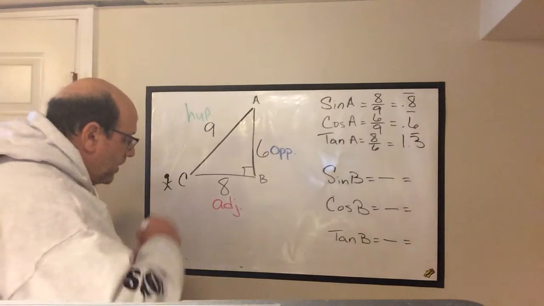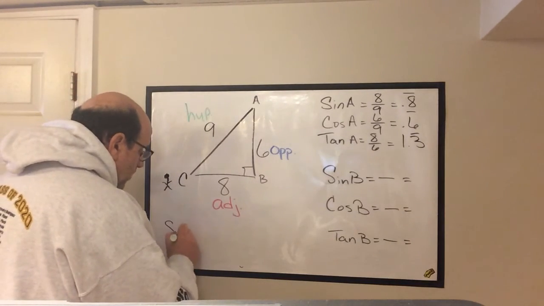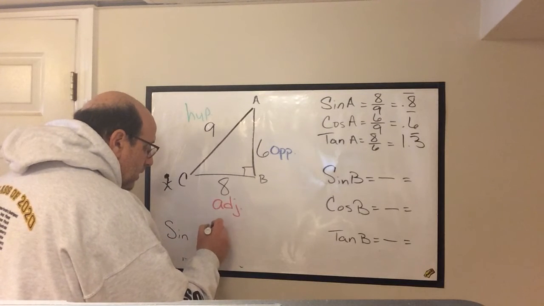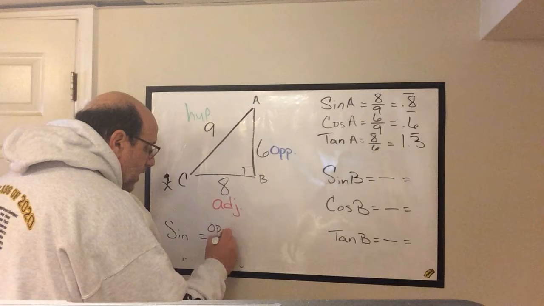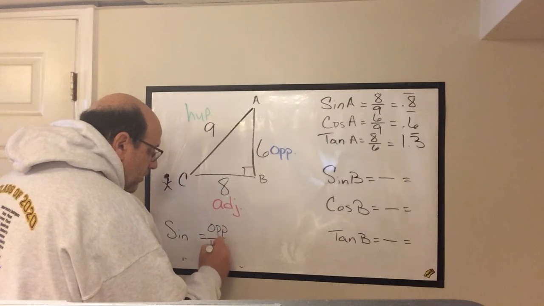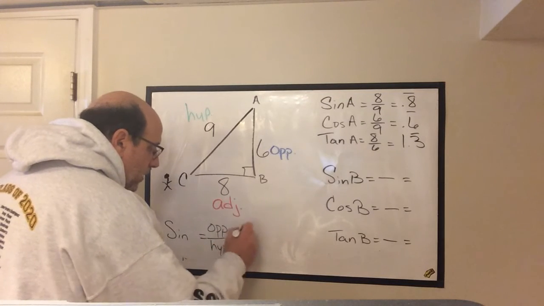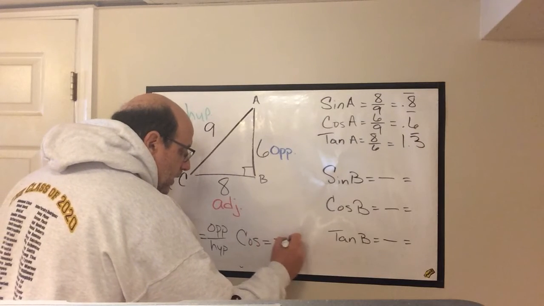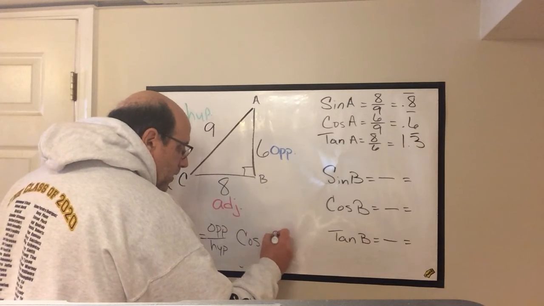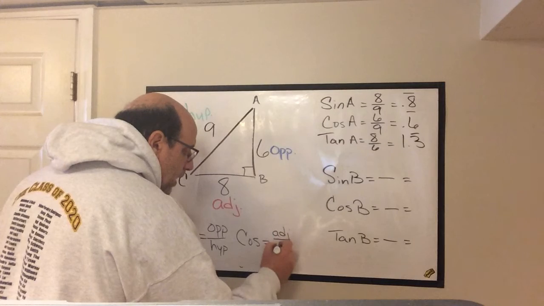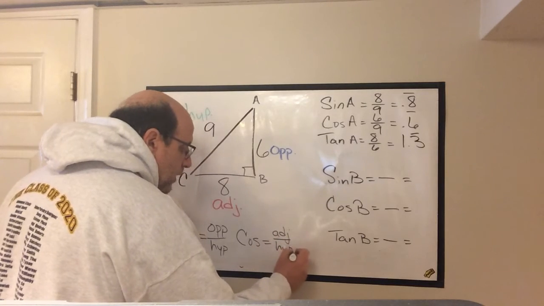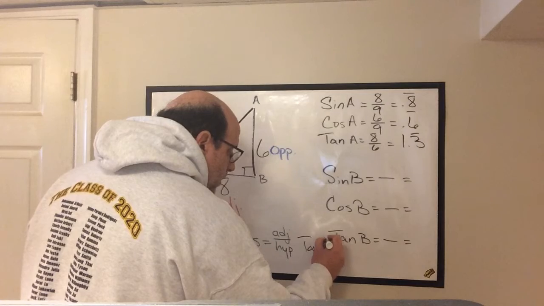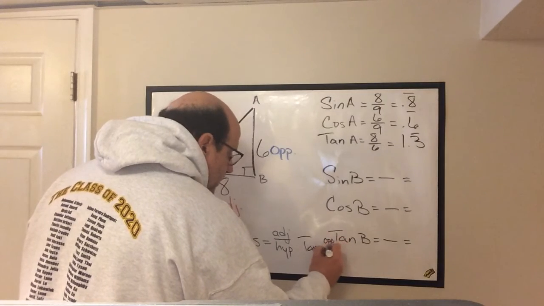So again, I'm going to write down here that the sine function of any angle is equal to the length of the opposite side over the hypotenuse, and cosine is the length of the adjacent over the hypotenuse, and lastly the tangent is opposite over adjacent.